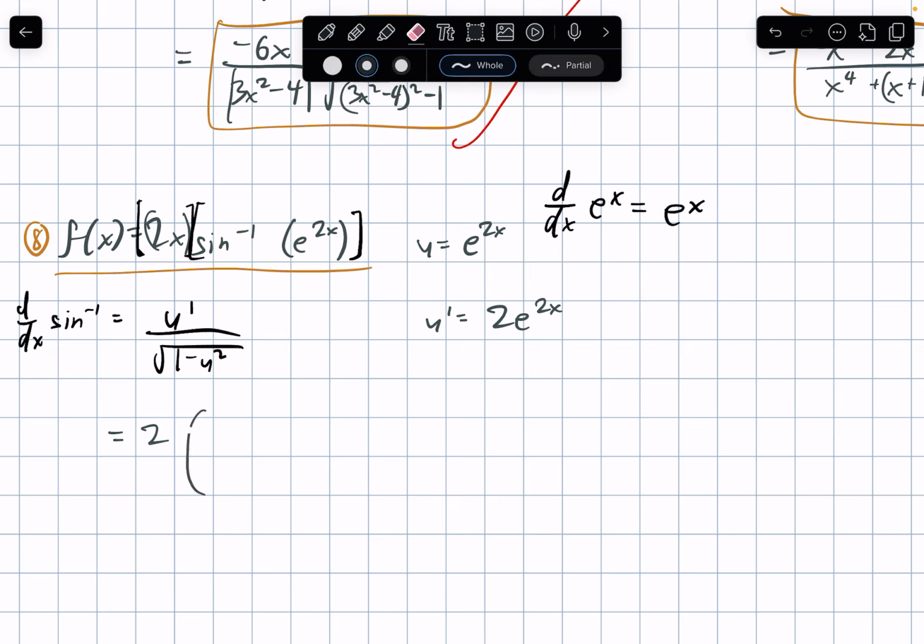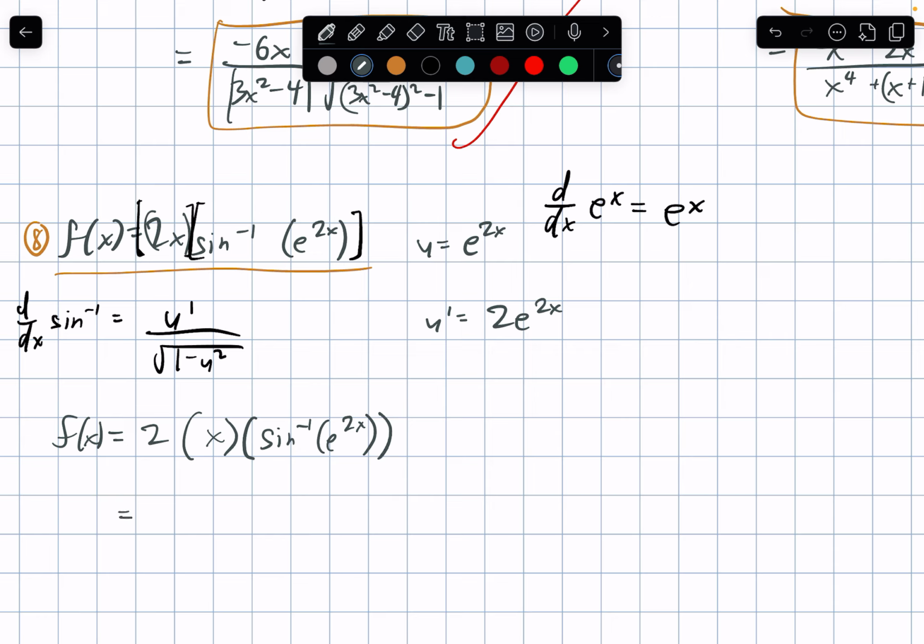So we have 2 times the quantity x times arcsine of e raised to 2x. So 2 times, well, x times the derivative of this one. So that's gonna be, okay.